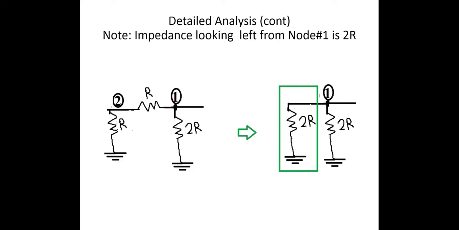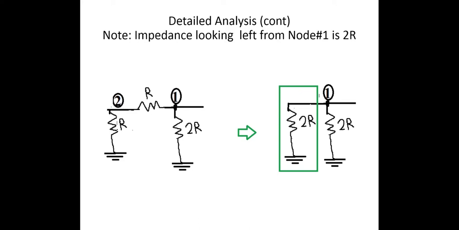Now this is a very interesting property when we want to find the output voltage, because then we don't need to solve the whole circuit which lies to the left of a respective node. If we want to find the total current flowing from either node 1, node 2 or node 3, we can take all the resistances which are to the left of that respective node as equal to 2R and solve our circuit.